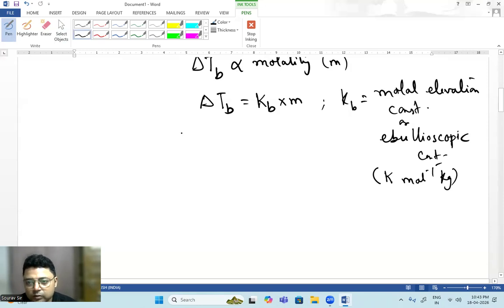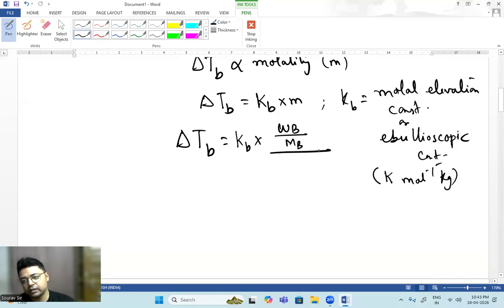Like in our previous video, we have already discussed that molality can be written as WB by MB divided by WA by 1000. WB is the weight of the solute, MB is the molecular weight of the solute, and WA is the weight of the solvent.